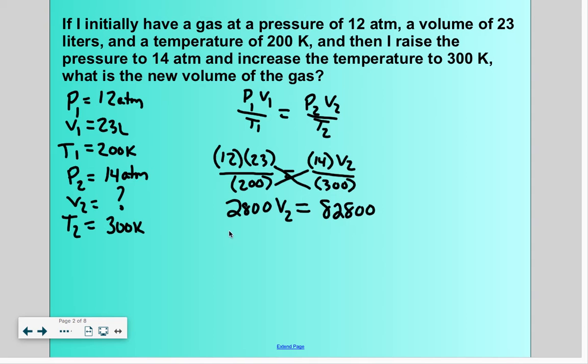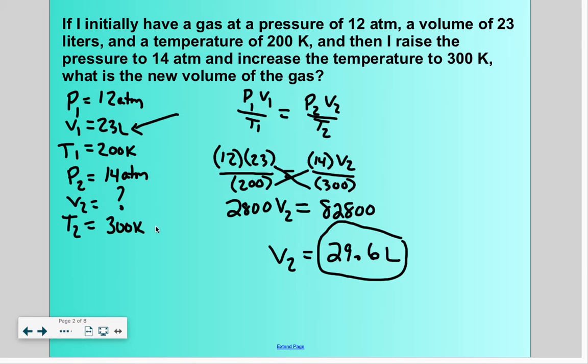Lastly, I'm going to divide both sides by 2,800, so I have 82,800 divided by 2,800, and that's going to give me thereabouts 29.6 liters. And I know it's liters because my unit on V1 is liters. All right, 2 down, 6 to go.